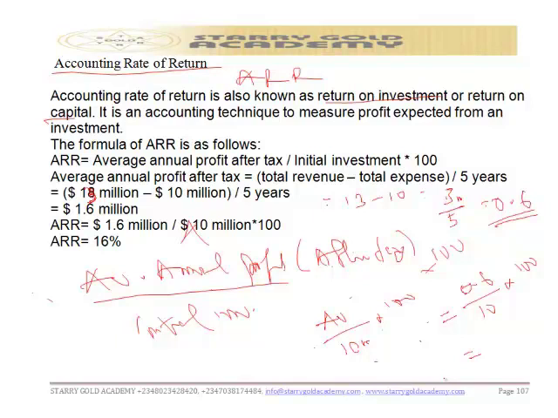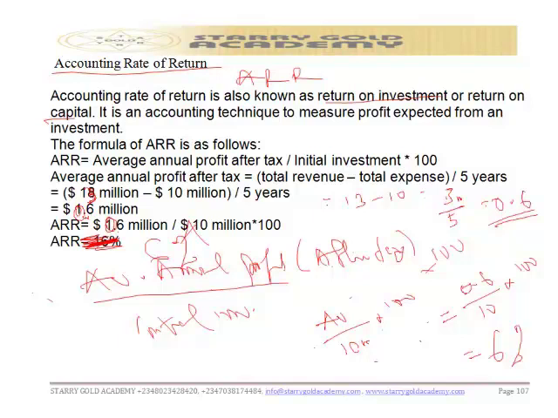That is 6%. So it is 6%. So this is not correct. Sorry, this is 0.6 million.